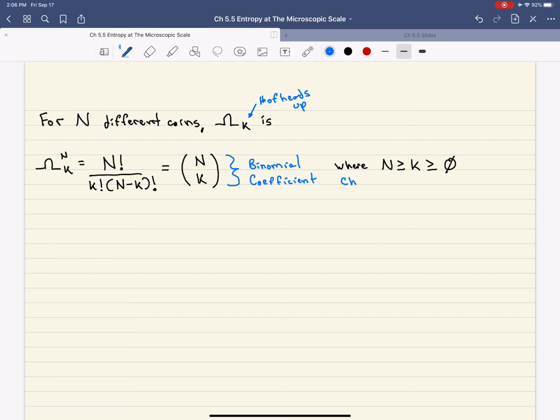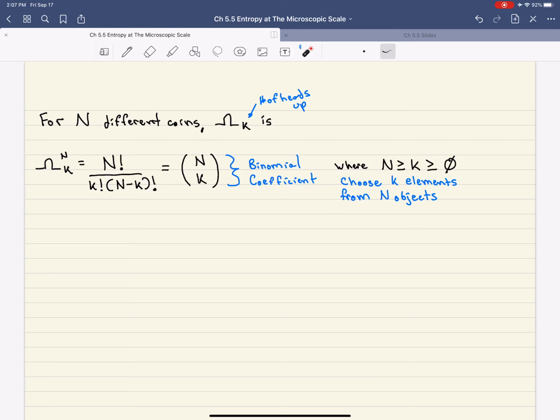The way you could at least think of it is this formula would be for the case where you want to choose k elements from some group of n objects. Okay? Right, and so in our case, we want to choose the case where we have k number of heads up from n number of coins.